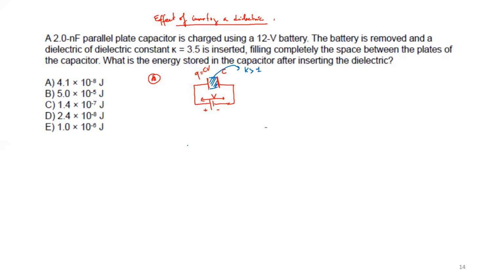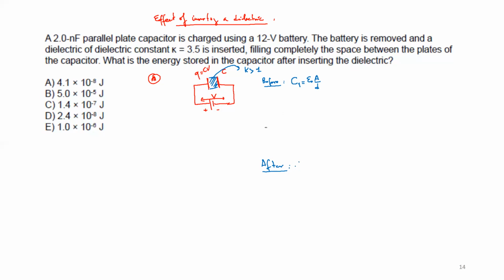Okay. So let's see before and after inserting a dielectric. This is a lecture. I already talked about this in class, but let me remind it again. So before insertion, what was the capacitance? The capacitance was just epsilon naught, area of the plate, divided by D. Do you agree with that? Okay.